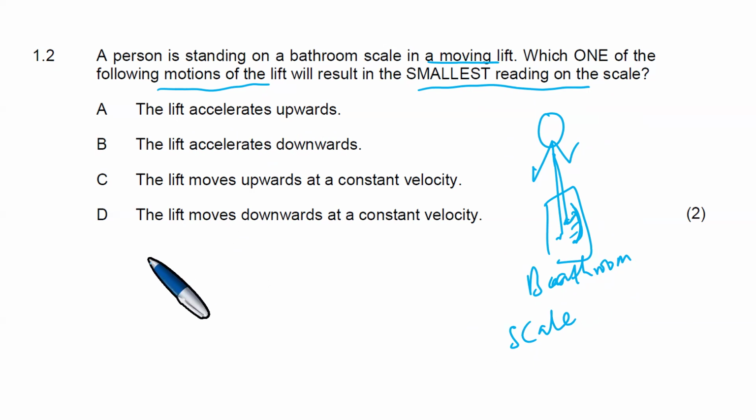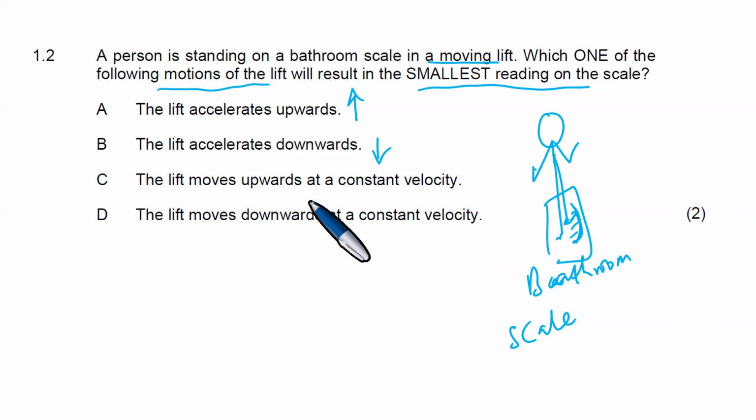So see, there can be that kind of an argument. So the lift accelerates upwards. If the lift accelerates upwards, will the reading on the bathroom scale be more, or will the reading be less? So if it accelerates upwards, and if now the lift accelerates downwards, will the bathroom scale read less?